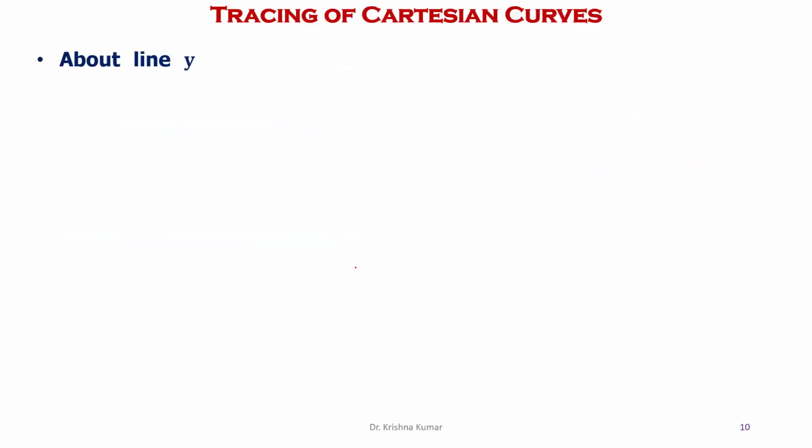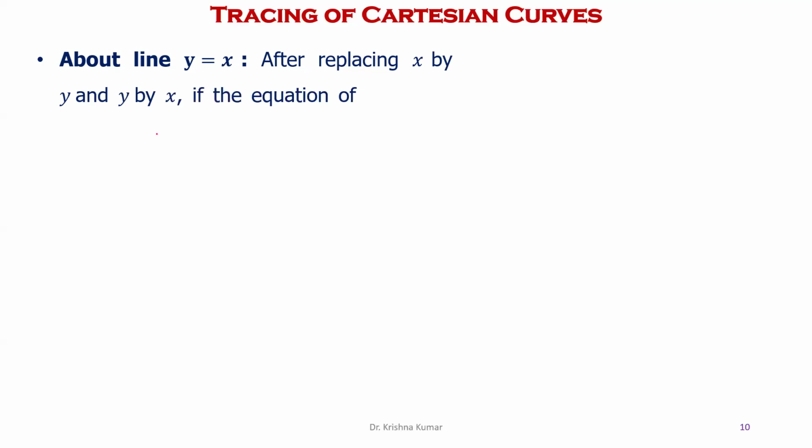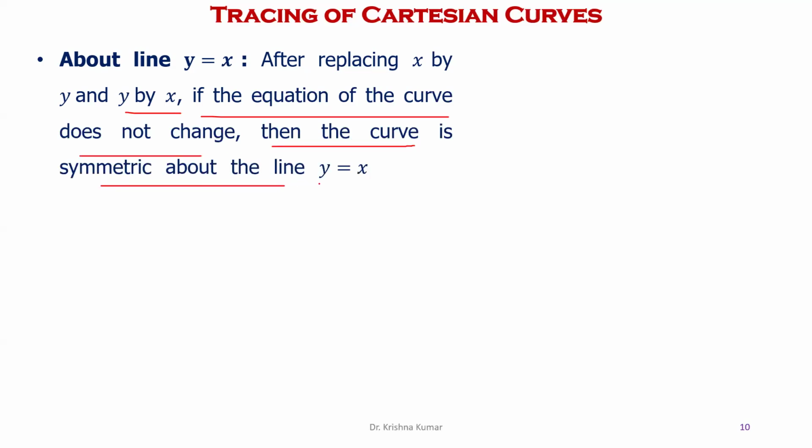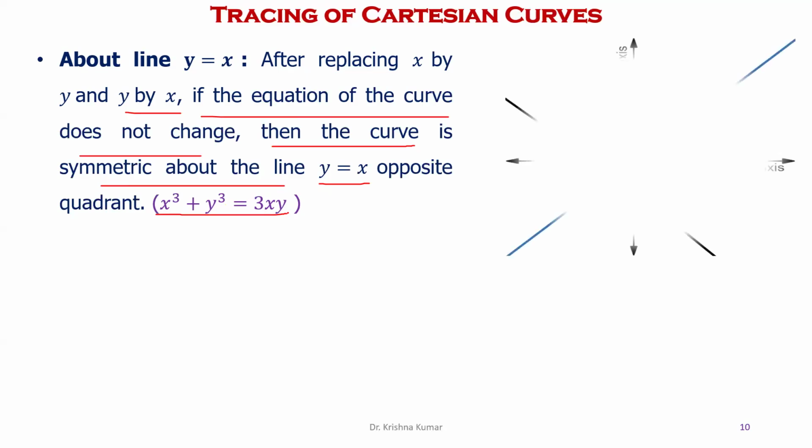The next symmetry is about the line y equal to x. After replacing x by y and y by x, if the equation of the curve does not change, then the curve is symmetric about the line y is equal to x. For example, x cube plus y cube equal to 3xy.